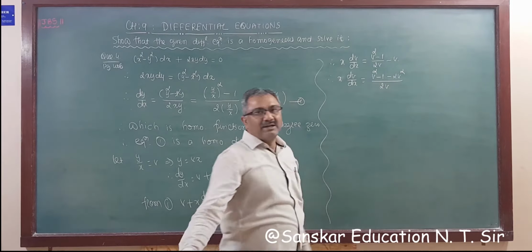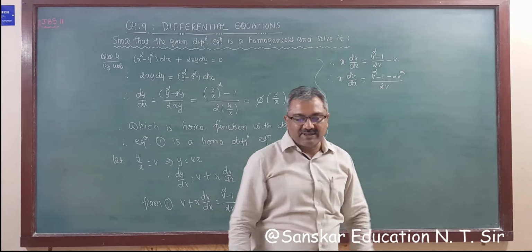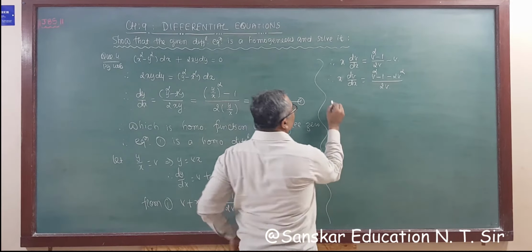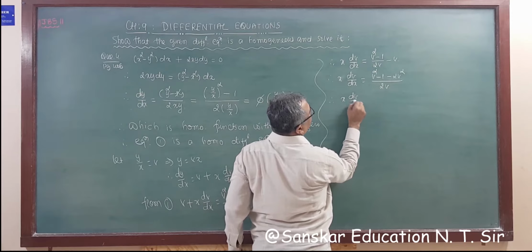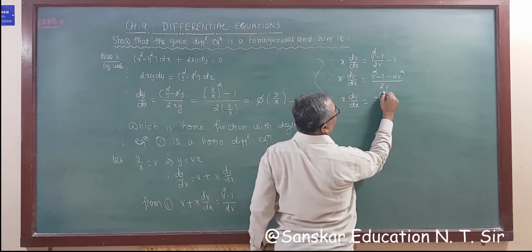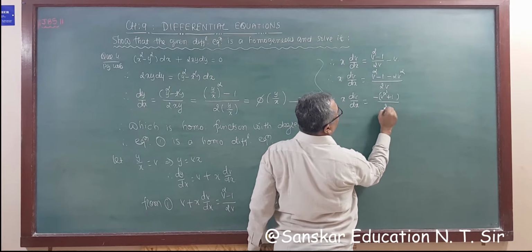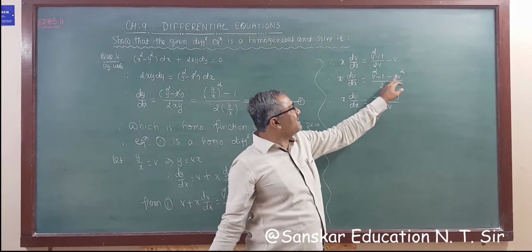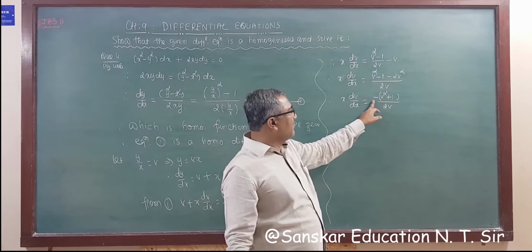Now v square minus 2v square is minus v square. So x dv by dx is equal to minus (v square plus 1) upon twice v, because this is also minus. If we take minus common, we write this.